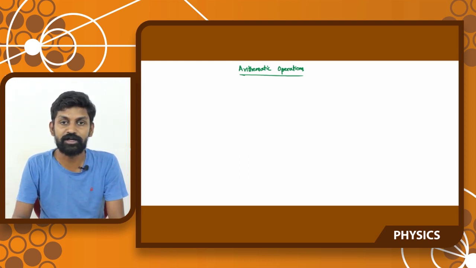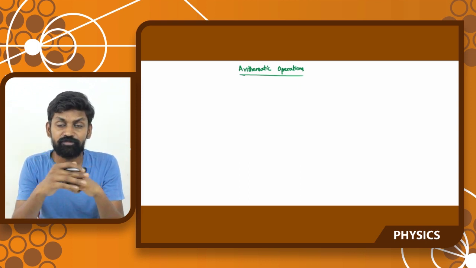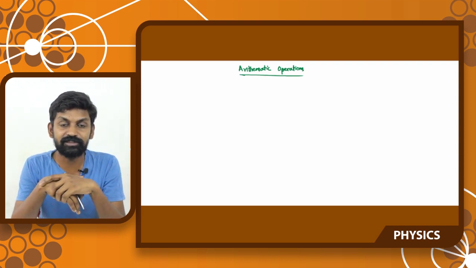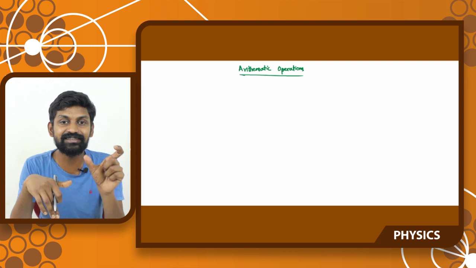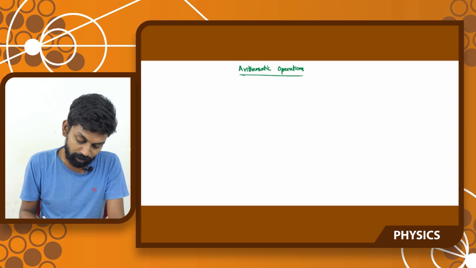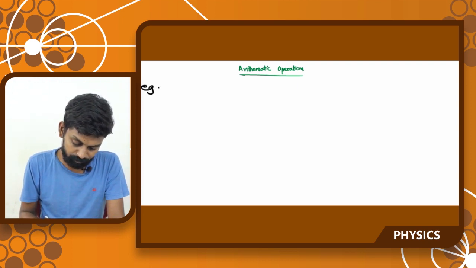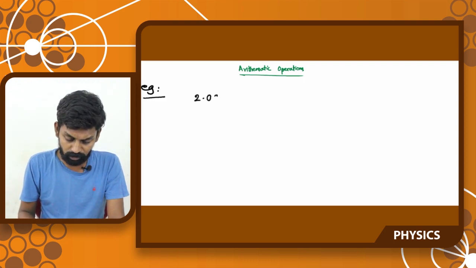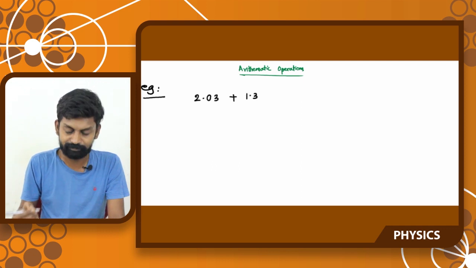So when we are performing addition, subtraction, multiplication or division, any arithmetic operation, the result should have the same number of significant figures as that of the least significant value that is participating in the calculation. For example, if I have 2.03 plus 1.3.